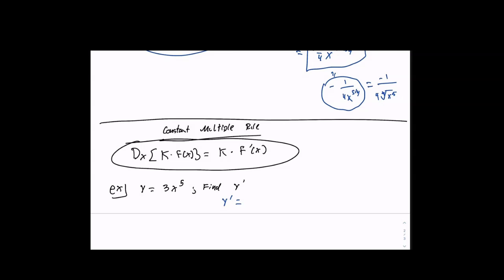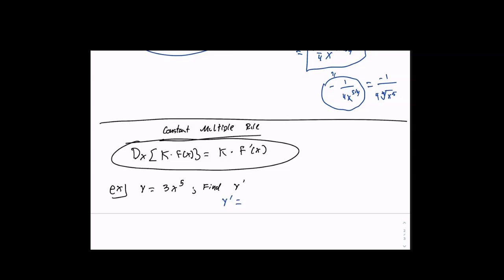You're looking for the derivative of 3x to the 5th as a whole, which means it's a power function, and you're going to apply the power rule, which means the 5 comes down, giving you 5 times 3. You're right.